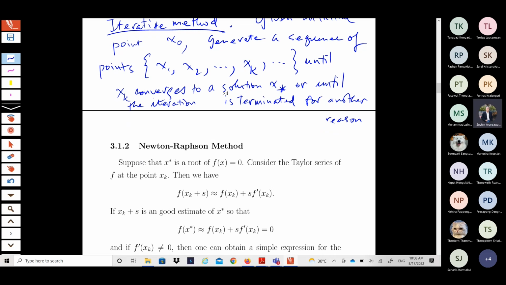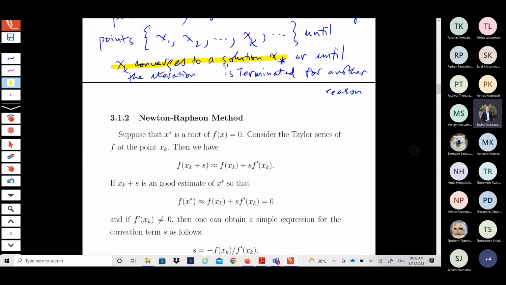And how can we know that xk converges to the solution x star? We see the difference: if xk is close to xk plus 1, then we decide to stop.